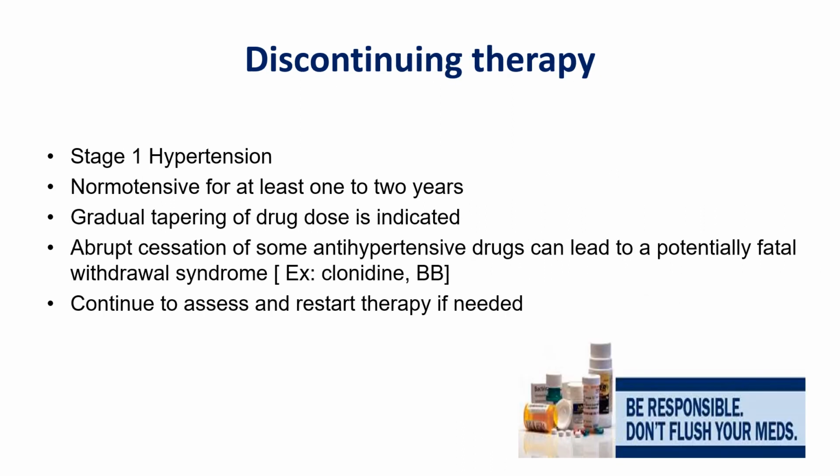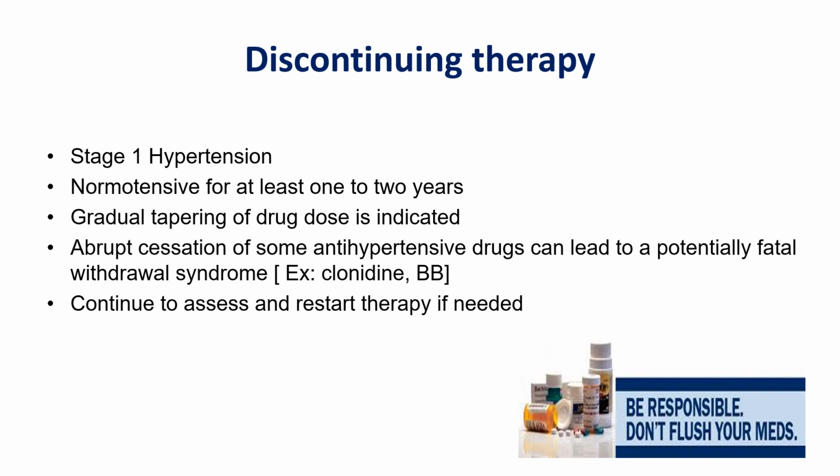All right, the $1 million question is, can we stop taking these medications if blood pressure is controlled? People are going to ask you this. Well, the answer is it depends. Some patients with stage 1 hypertension are very well controlled and often on a single medication.